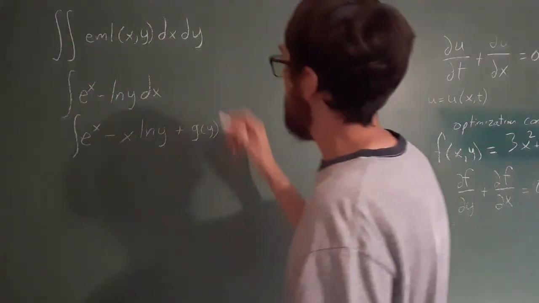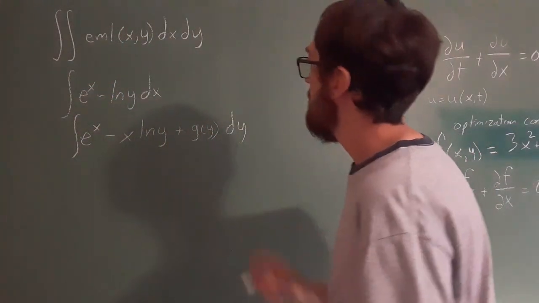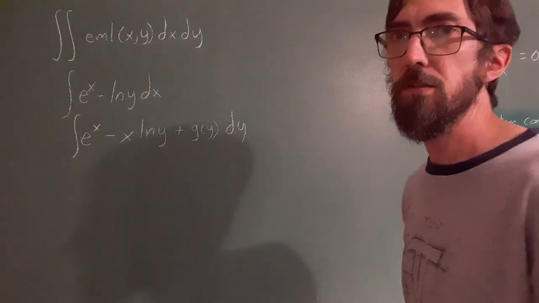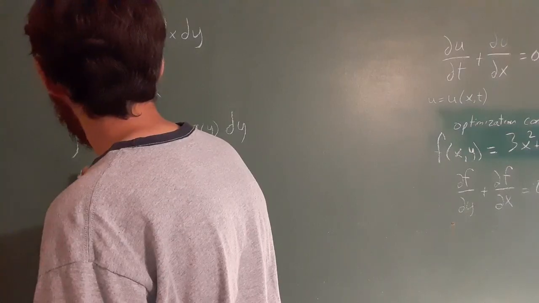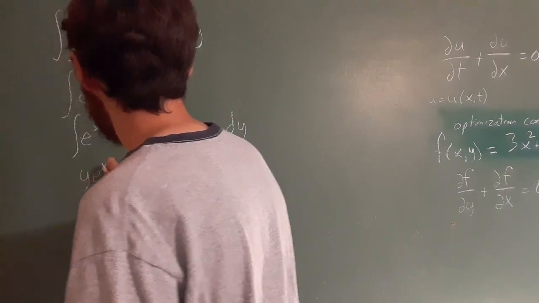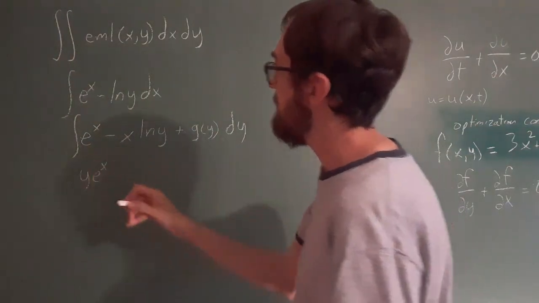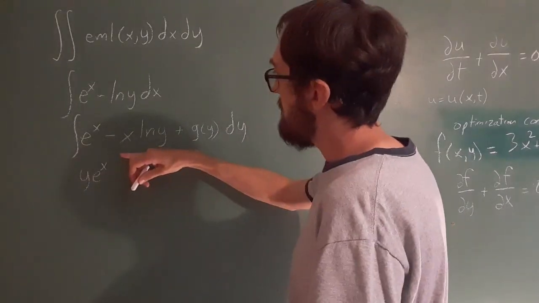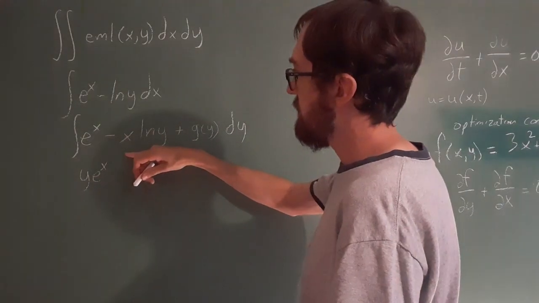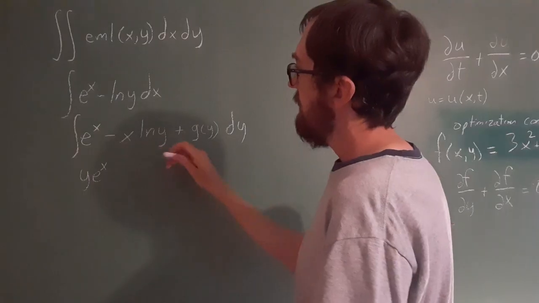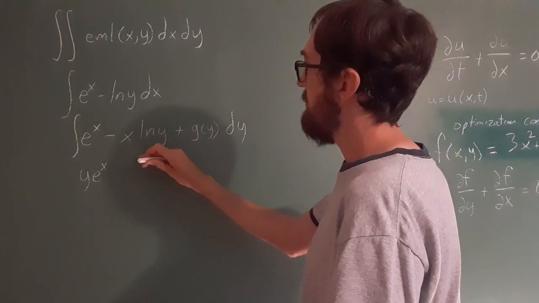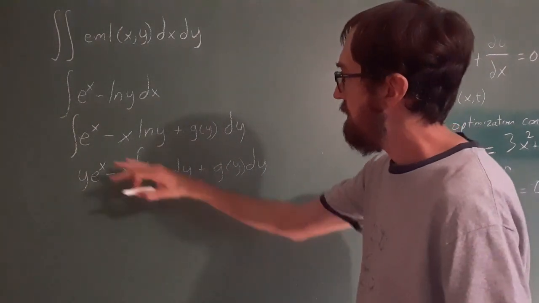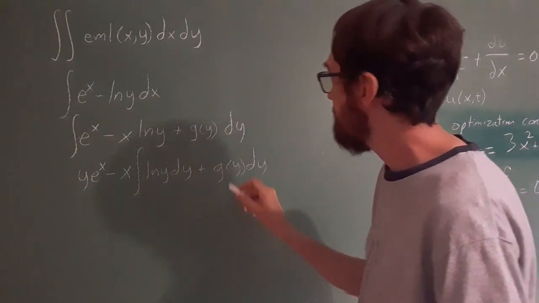And now we're going to do the outer integration, so with respect to y. So we have a constant. This is no longer just a constant here. This is a function of y. Let's go ahead and write this out a little bit.